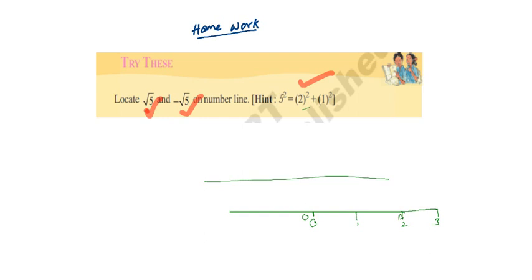In the previous one A is at 1 because we took the length of each side as 1 unit, but for this root 5 we take the length of one side as 2 from 0 to A. After that you put a right angle triangle here and you take the perpendicular, that is only 1 unit.